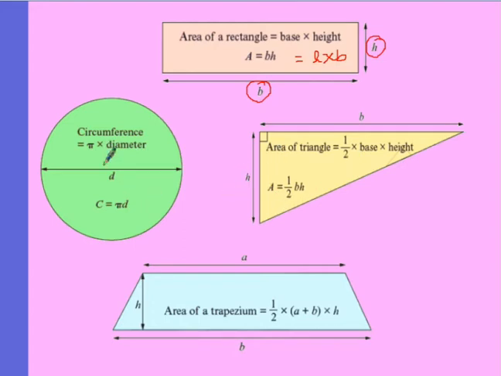Here we have already discussed circumference is pi into d or 2 pi r, and area is pi r square. Area of a trapezium is the sum of parallel sides a and b into height, half of that. There may be many more shapes.